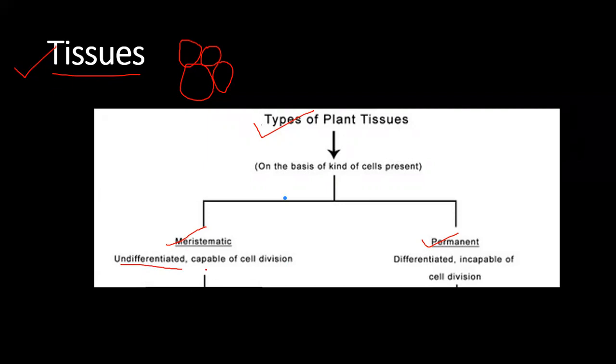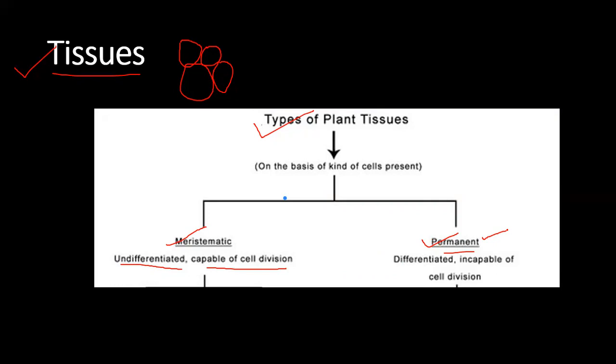They also have the capacity to divide. They are in a division state, rapidly dividing cells. They are usually found in the growing region of the plant body. The next one is permanent tissue. The immature meristem cells which differentiate, become permanent and more mature, and a group of this type of cells is called permanent tissue.